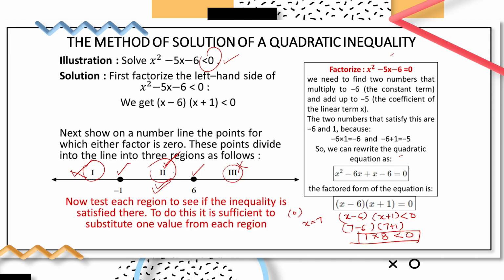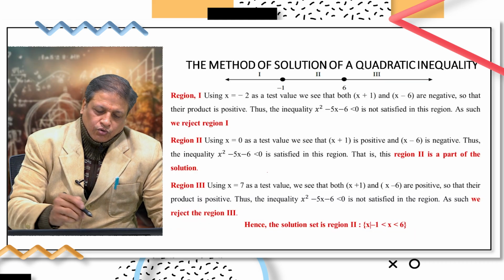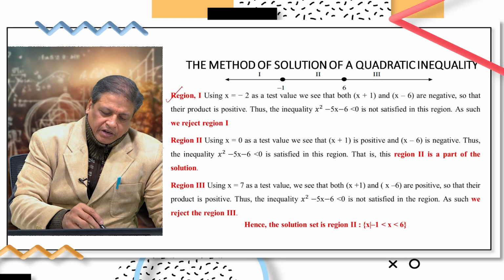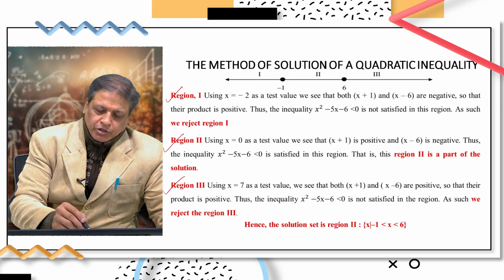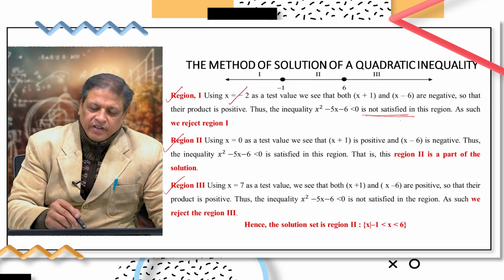It is very simple. Just solve the quadratic equation by the method of factorization, find the roots and plot the roots, and then find which region satisfies the solutions. We had already discussed how to find the points which are satisfying the respective regions, and over here we had substituted x equal to minus 2, and we find that the inequality is not satisfied.